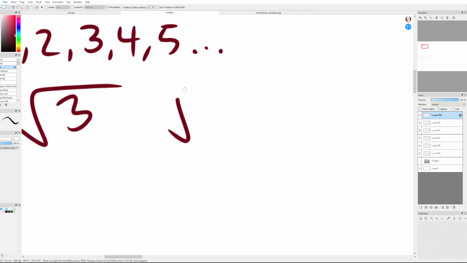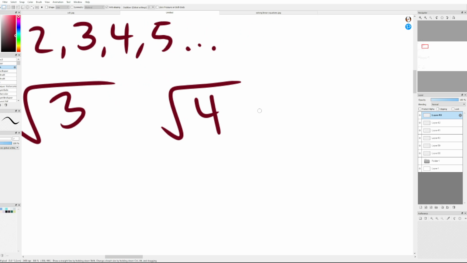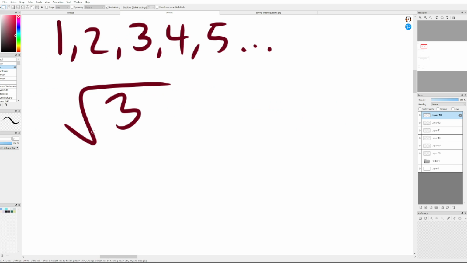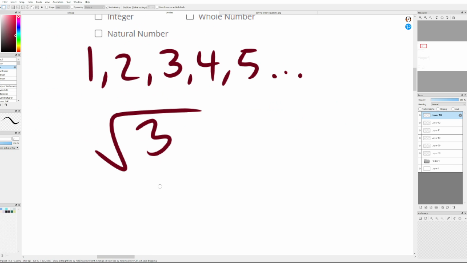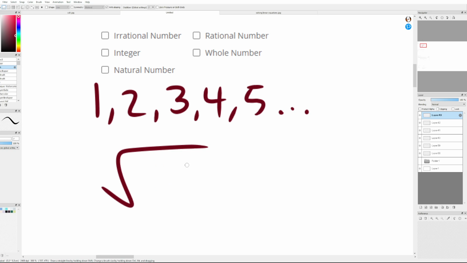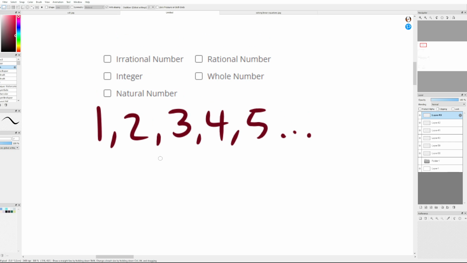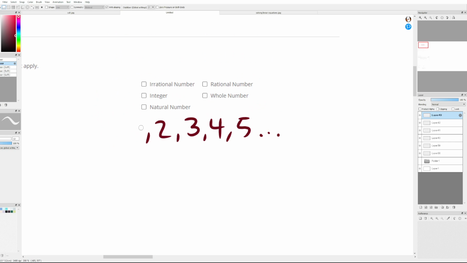As a note, the square root of 4 is a rational number because it can be simplified to positive or negative 2. But things that don't square like that are going to be irrational. Something like pi, which is 3.1415 and so on, is an irrational number because it does not repeat and it does not end.